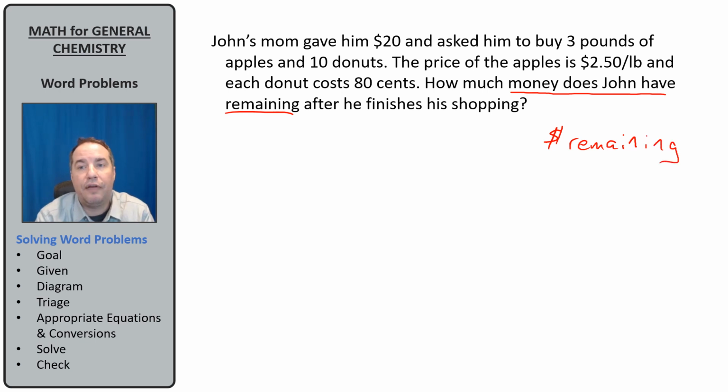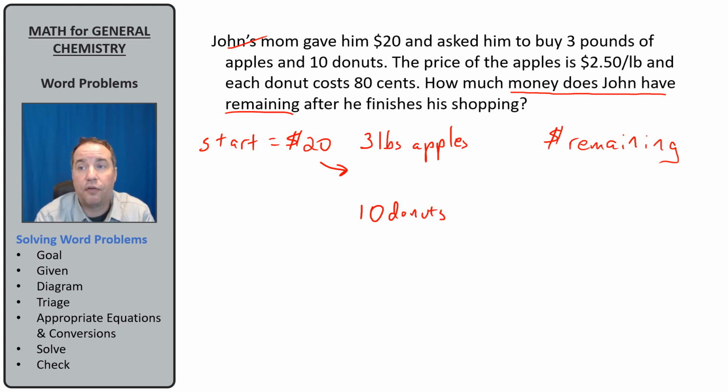And let's see what we're given. We're given that at the start, he had $20. His name, the fact that his mom gave it to him, none of that matters. And he bought 3 pounds of apples and 10 donuts.